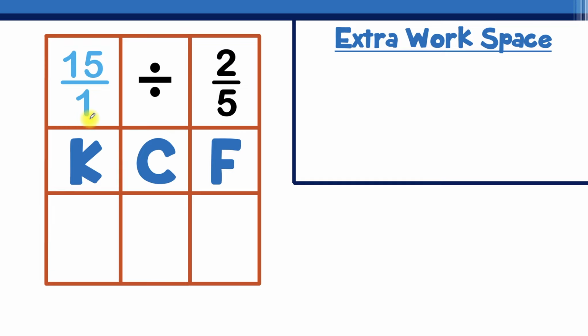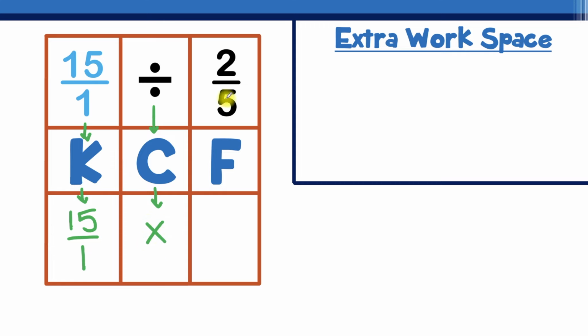So 15 over 1, we're going to keep. So in this box down here, again, we'll just write 15 over 1. For this division symbol, we are going to change it to its opposite. So in this box here, we're going to write the multiplication symbol.